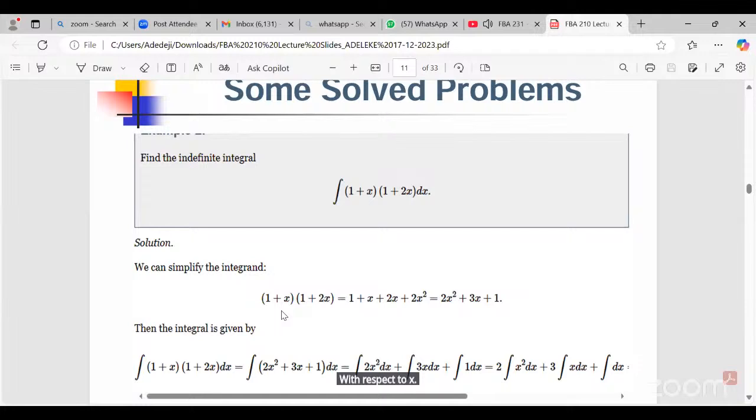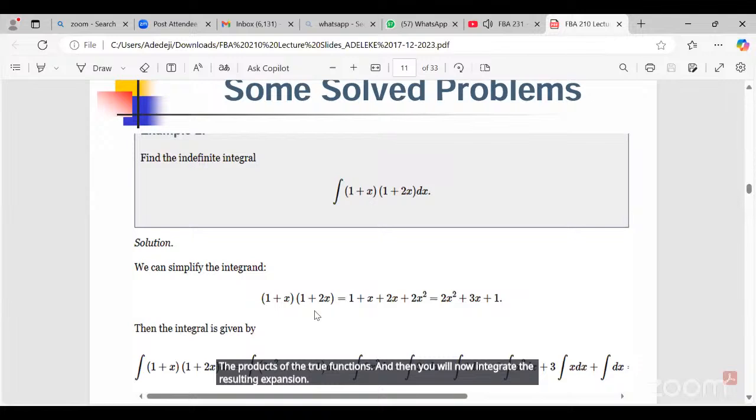Before you can do the integration, it is advisable that you expand the product of the two functions, and then you now integrate the resulting expansion.